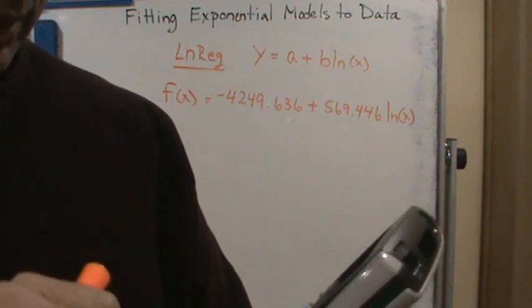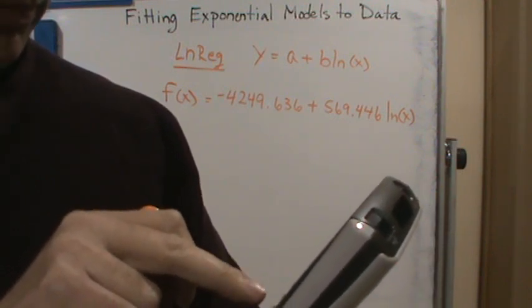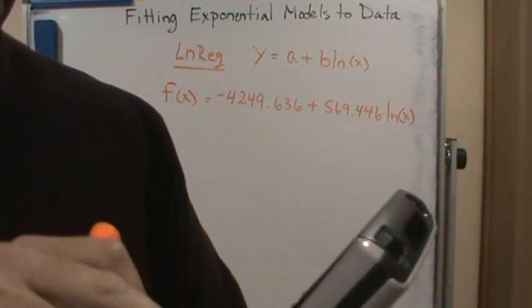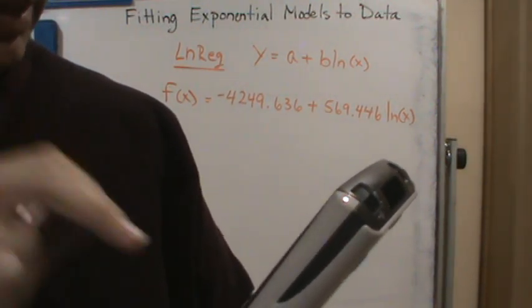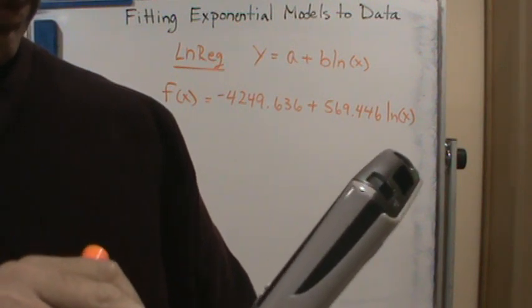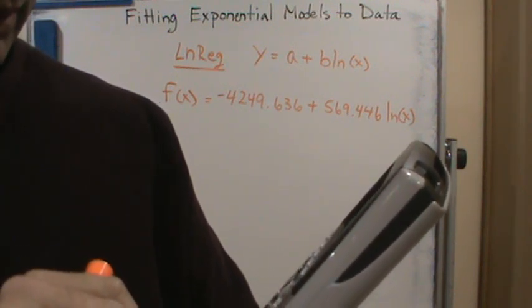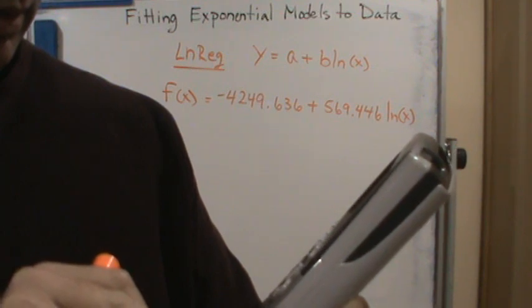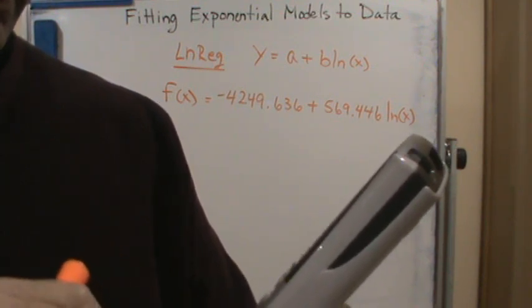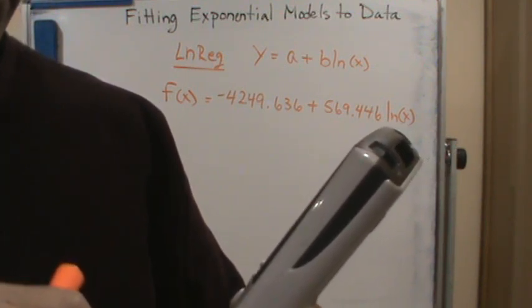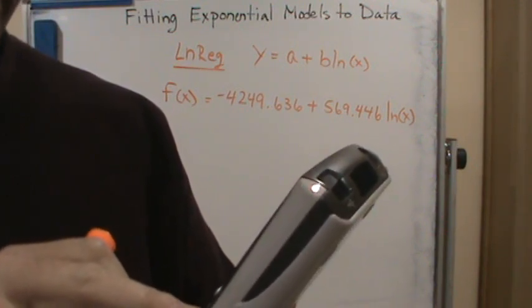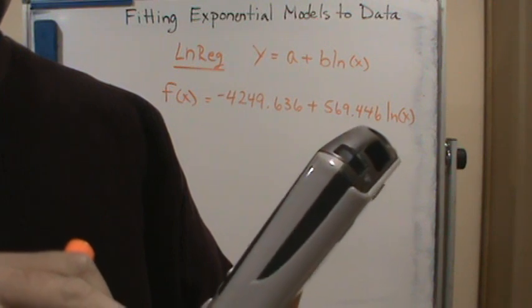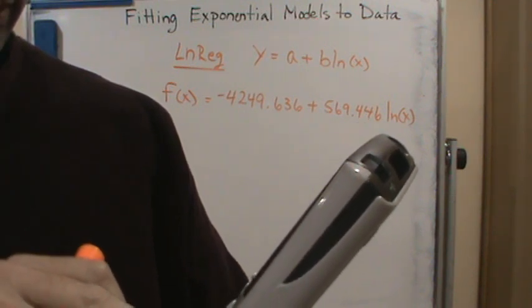So let me go to window, and I want my X maximum to be 2035. And let me make my Y maximum 95.